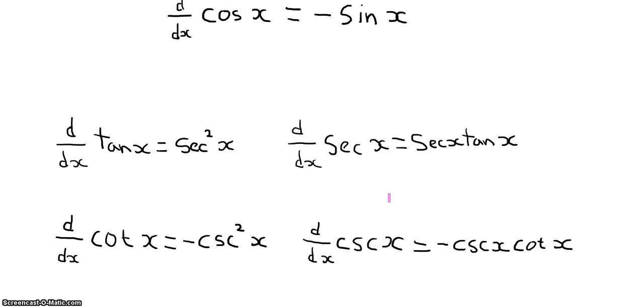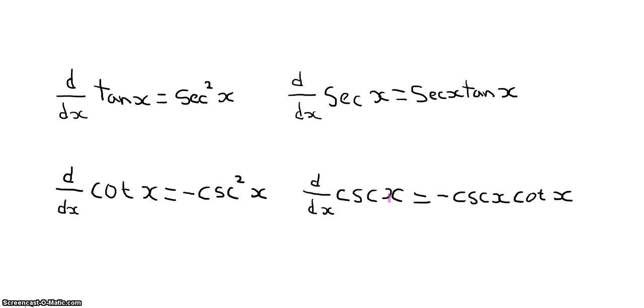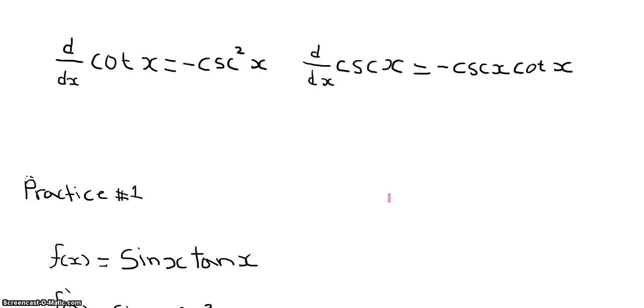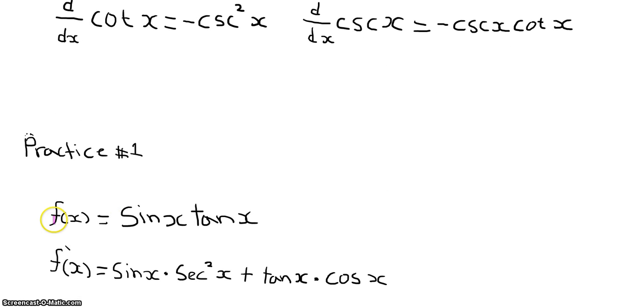So if we want to take this knowledge and use it for some practice, we can look at this function right here. f of x equals sine x tan x. So if we wanted to figure out the derivative of this, you notice first that there are trig functions, and also that it's the product rule.